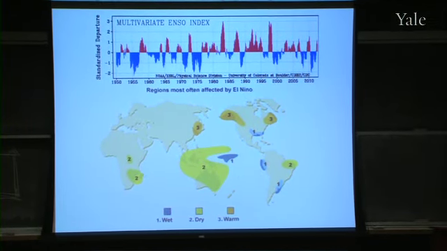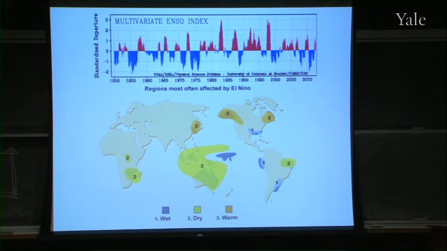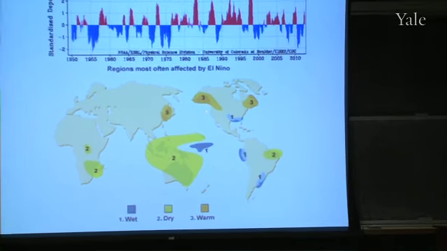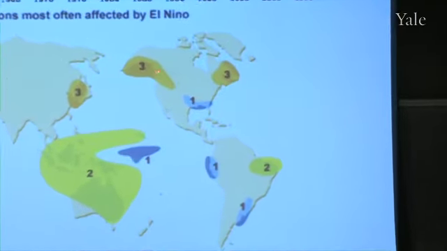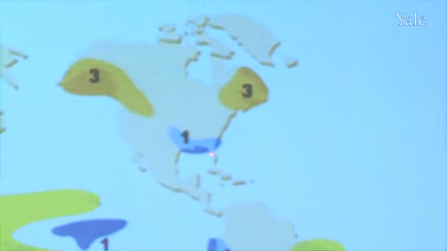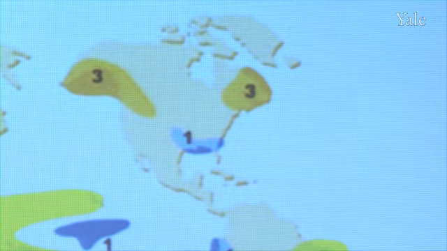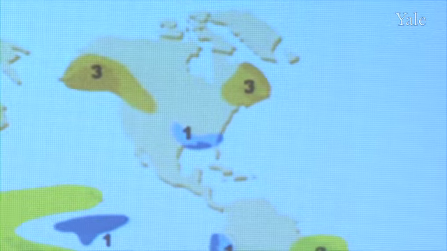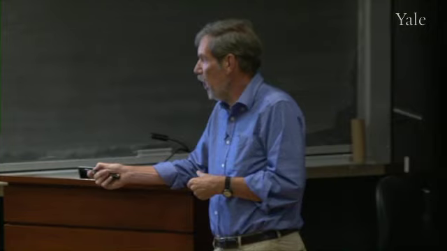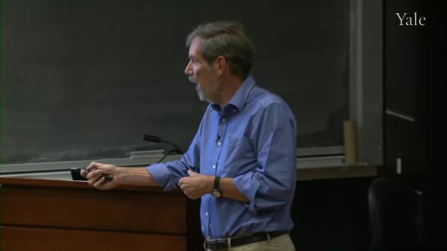For example, when El Nino occurs, it is generally thought to be warm in some regions, wet in others, and the opposite is true when you have La Nina, that is colder conditions in the tropical Pacific Ocean. Then you get the opposite side of this.